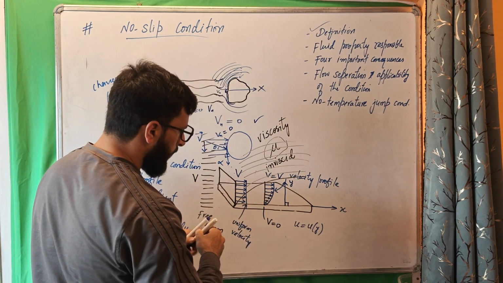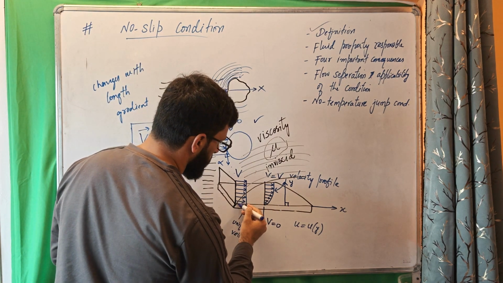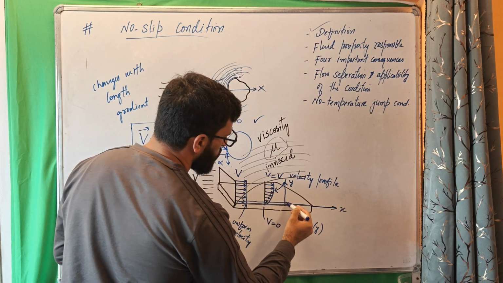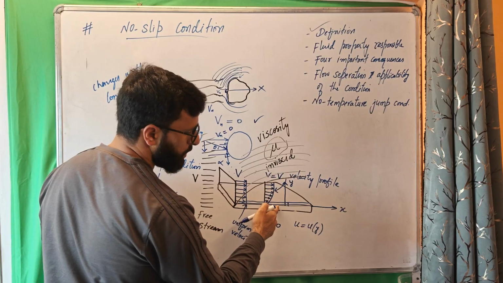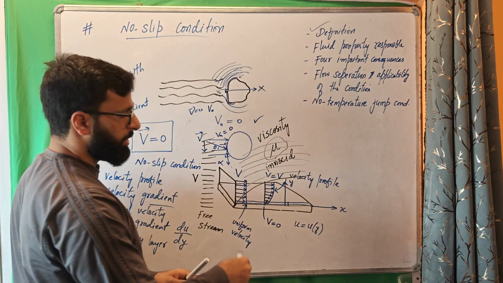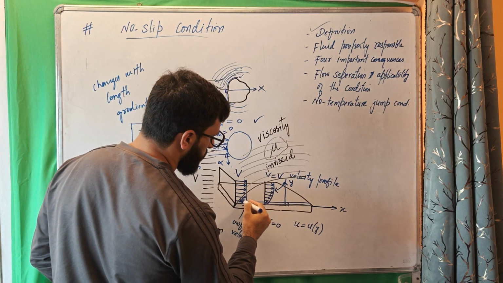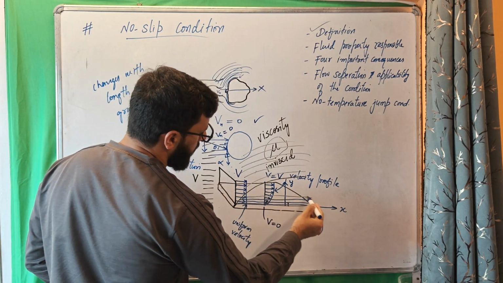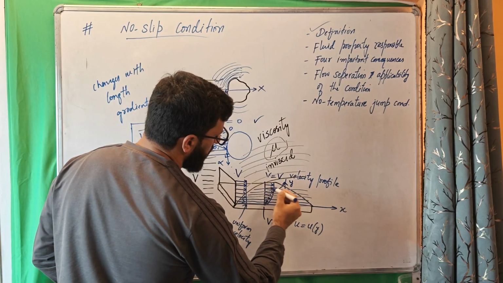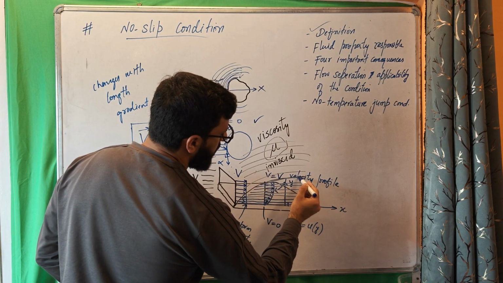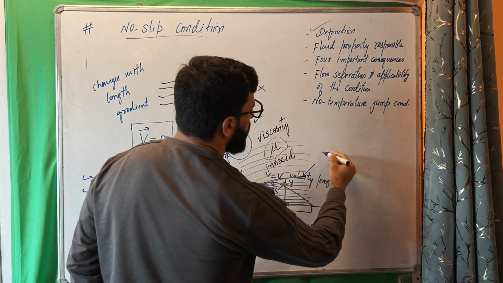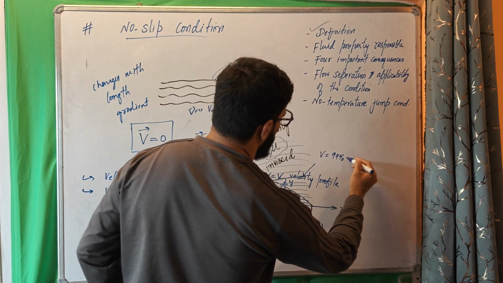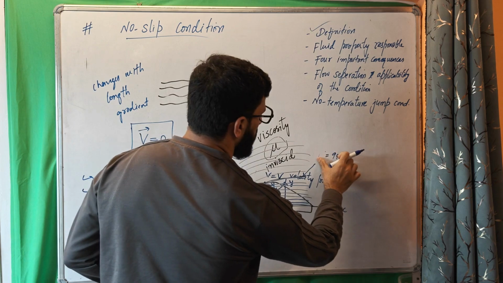The layer attached to the solid surface is completely at rest. The layer above has some small velocity because it is attached to the layer which is completely at rest, so it will have the smallest velocity. Then this layer will have velocity greater than this, then these layers. Ultimately, we reach the layer whose velocity is 99% of the free stream velocity.